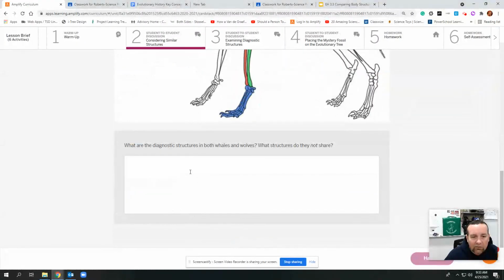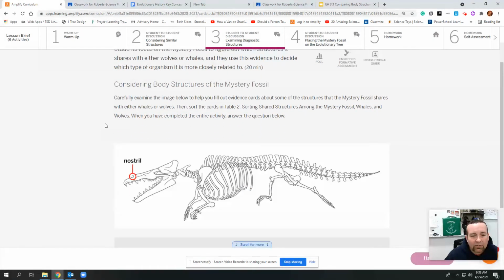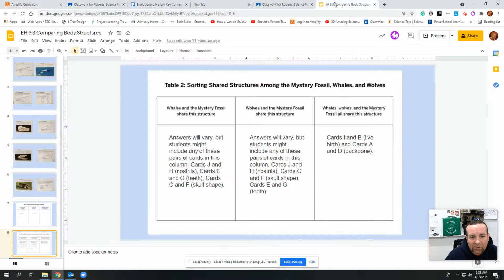So after you've answered this, we're going to move on to part 3. And again, for part 3, you're going to want to bounce back to your slides here. You're going to want to really study these and study, especially table 2 here, how the cards, we're basically comparing similarities and differences between whales, wolves, and the mystery fossil.